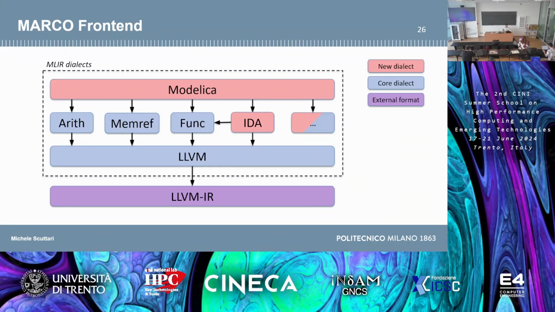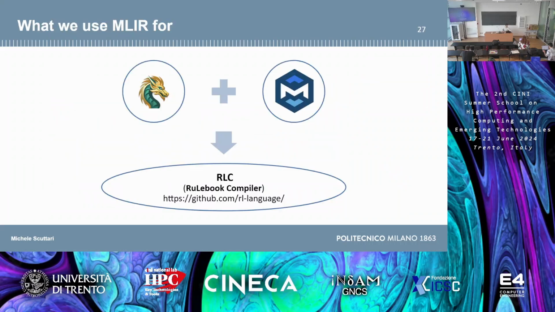A standard was already defined, and so you just had to read the standard and try to implement it. While in the other case, MLIR was very important for RLC, because what MLIR allows is to do quick iterations in the design space of a language and say, okay, it takes me only 20 lines of code to implement a new operator. This is not an exaggeration.